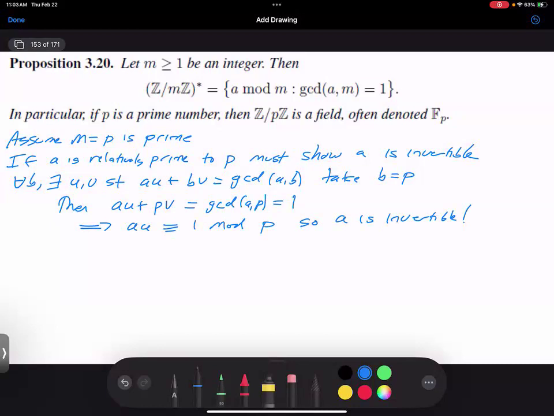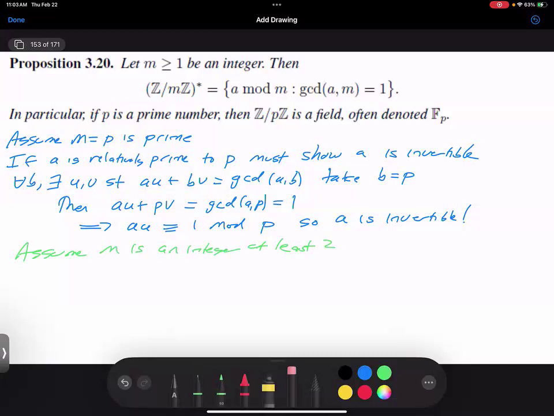And so we just proved that every element is invertible when M is prime. The proof is not that different in general. Assume M is an integer at least 2.